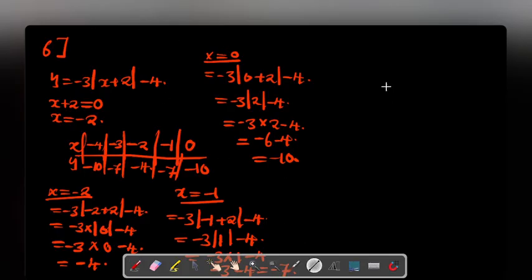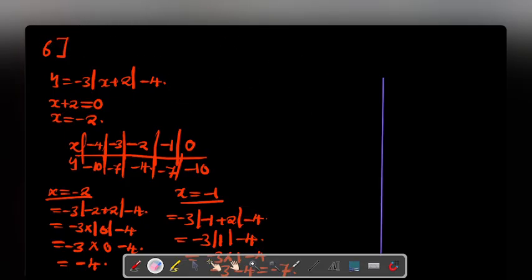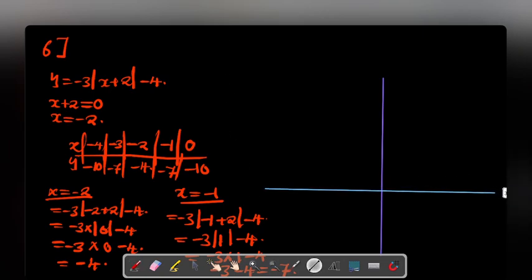So now we need to sketch our graph. So I need to create some space here. Now here we need to indicate the values of x.